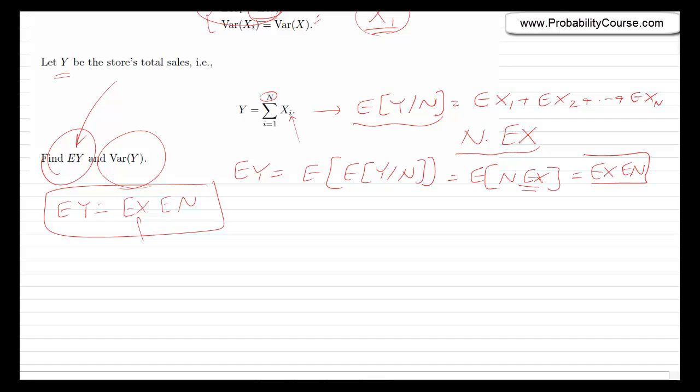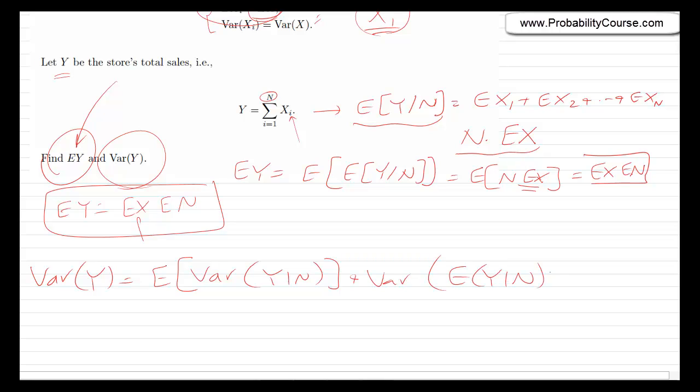For variance, what do we do? We use the law of total variance. The variance of Y is equal to, by the law of total variance, the expected value of the variance of Y given N, plus the variance of the expected value of Y given N. So note that the expected value of Y given N, we found, is just N times E of X. Again, note that E of X is a constant.